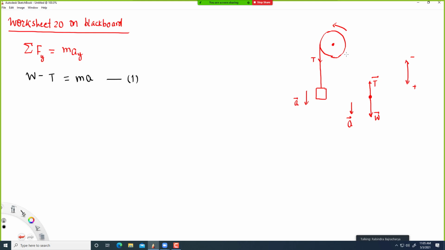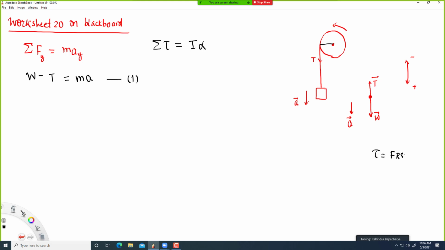Since this disk is rotating, we can use Newton's law for rotational motion. For rotational motion, we can write the sum of torque is equal to moment of inertia times acceleration alpha. So use this for this pulley. What's the torque on the pulley? What's the definition or formula for torque?